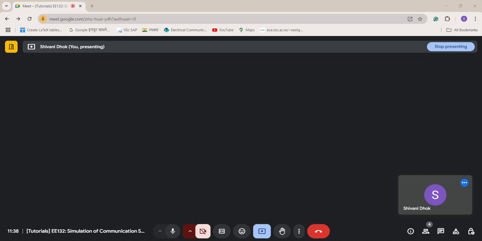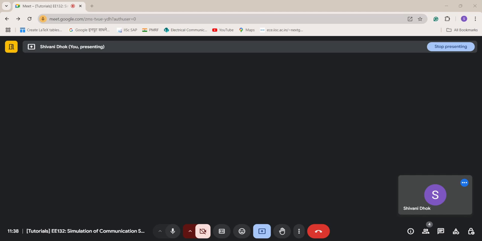So let us do this. We'll take the example of PSK. Let's say we have n equal to 1e6, or let's say 1e3 only. These are your number of realizations. Then N0 is equal to, let's say, 1, which is your noise variance.